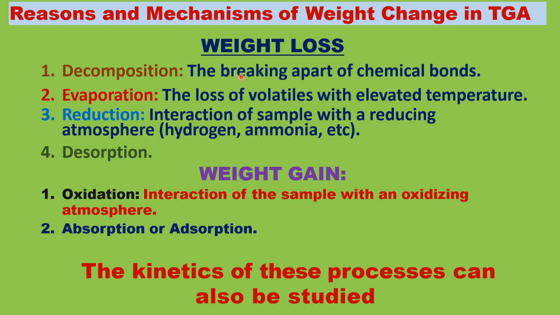Decomposition of the sample due to breaking of chemical bonds; evaporation, loss of volatile water molecules at elevated temperature or air adsorbed on it; reduction, interaction of the sample with a reducing atmosphere, hydrogen, ammonia; and then desorption. We have seen these in different types of TGA curves.